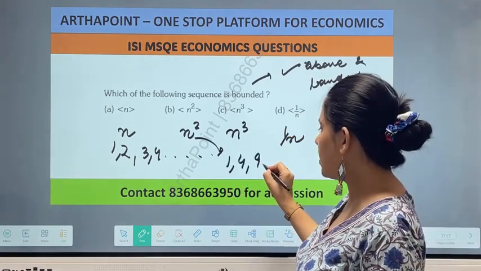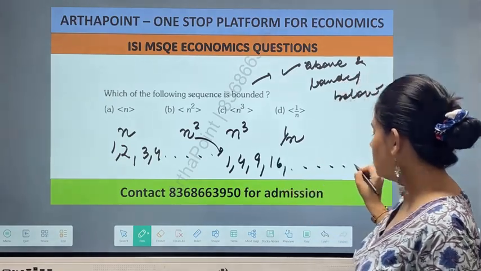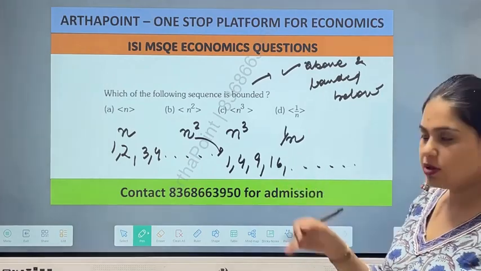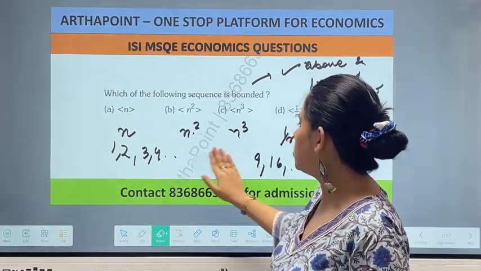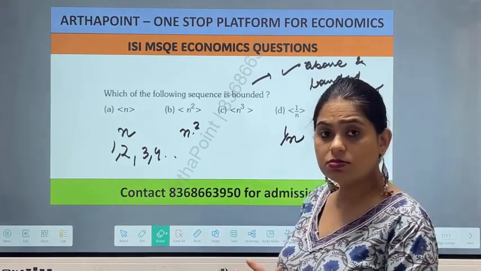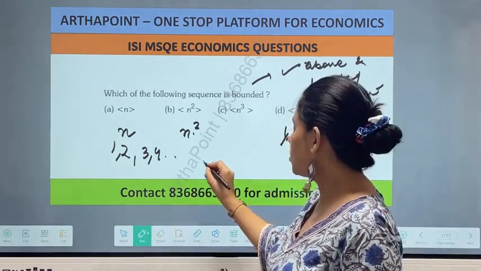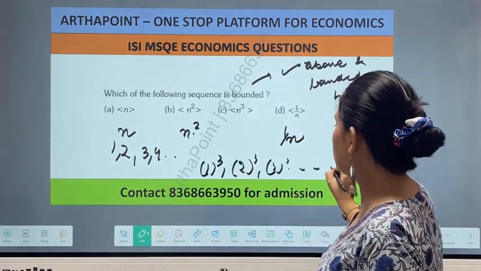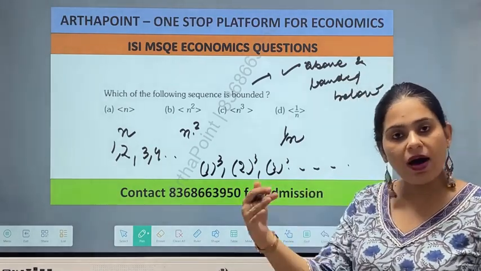Can you tell me what happens with n cube? Yes ma'am. Same will happen with n cube. 1 cube, 2 cube, 3 cube and so on. No upper bound to it. But what about 1 by n? 1 by n is bounded below also and above also. How?